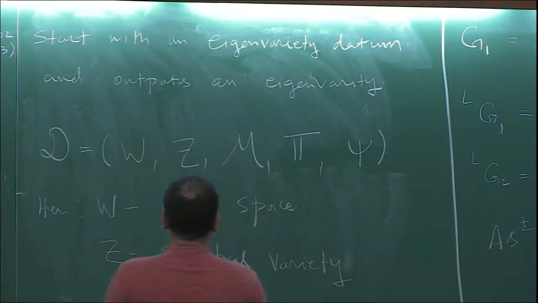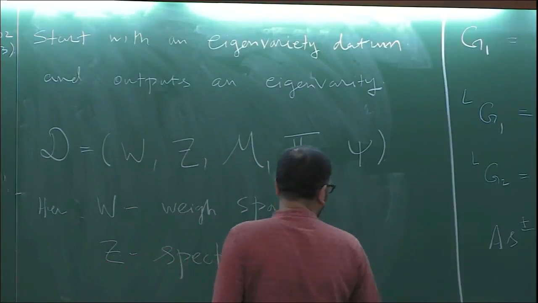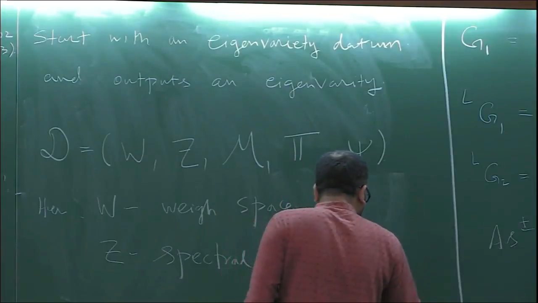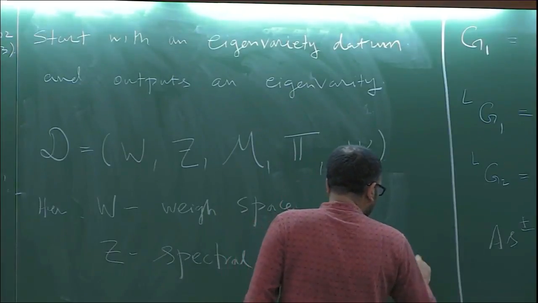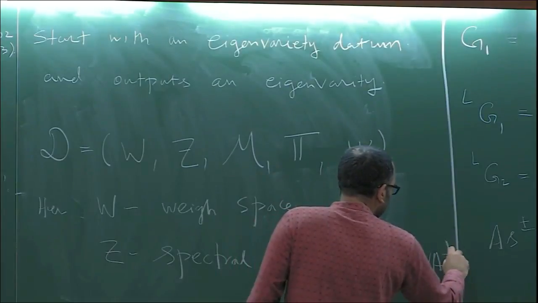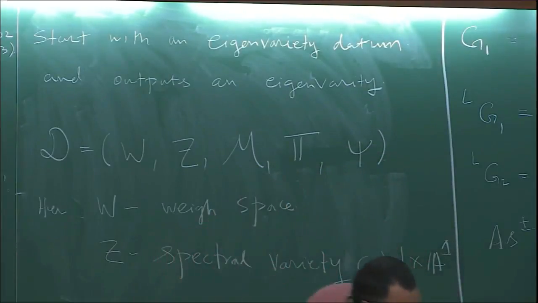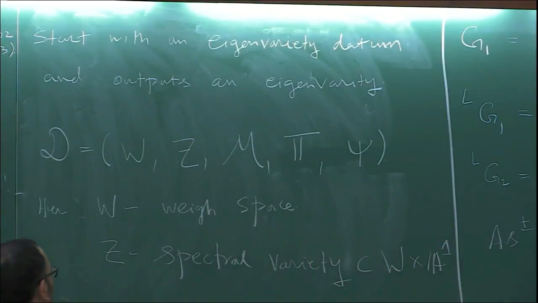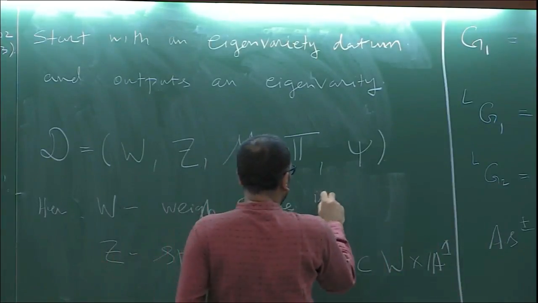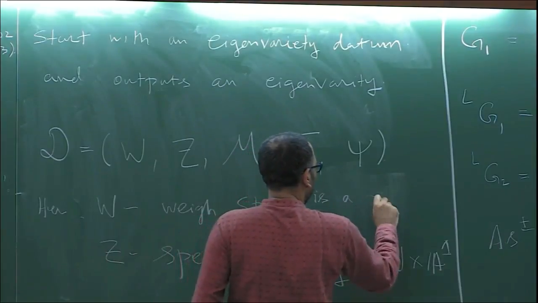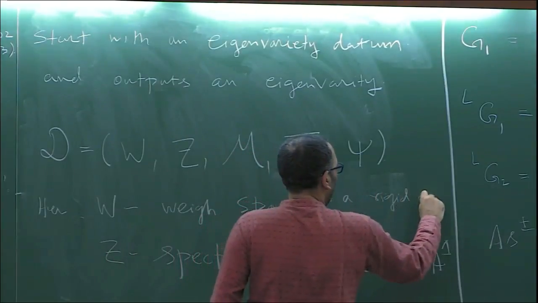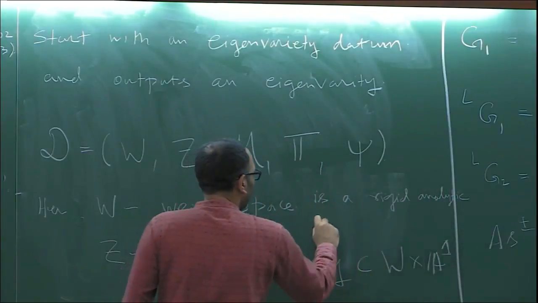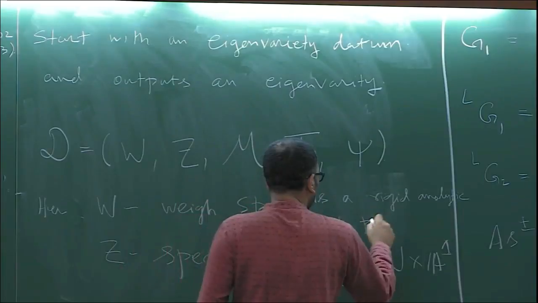It's a closed subvariety of the weight space cross the rigid analytic affine line. So it's a rigid analytic space that parameterizes p-adic weights.